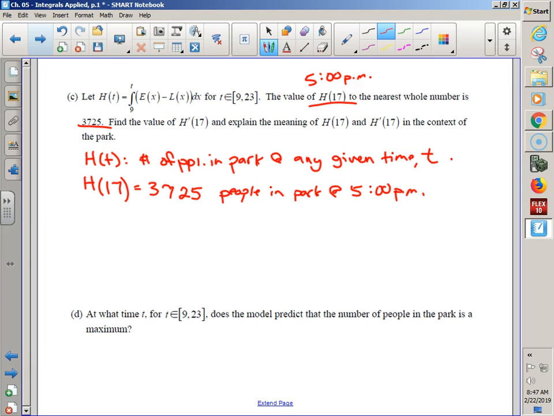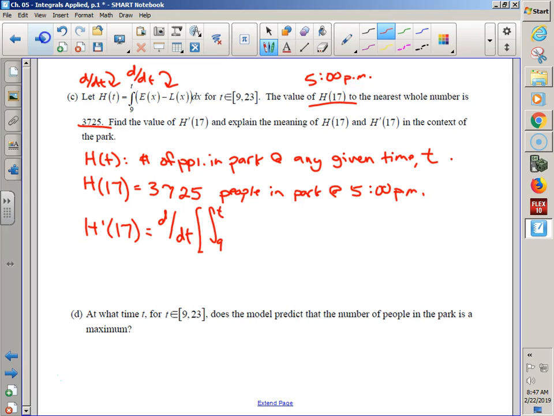So what's going on at h prime of 17? Hold on. First of all, how do we find a derivative of something? We derive it. How do we derive h? We take the derivative of who h equals, of course. So how do we take the derivative of the integral?